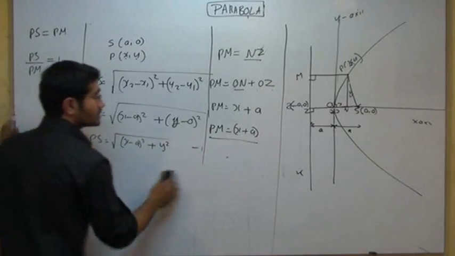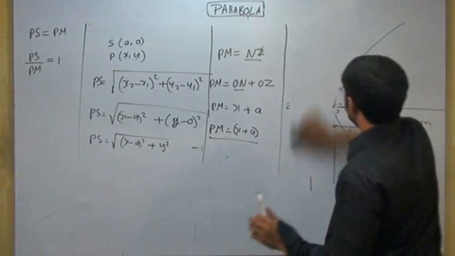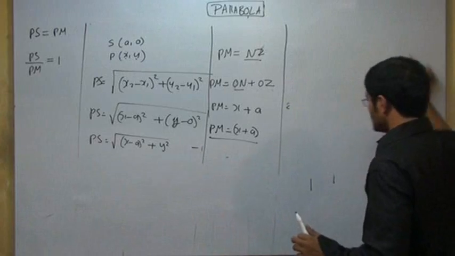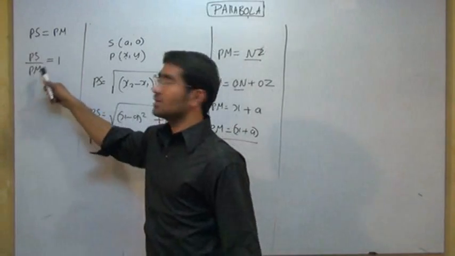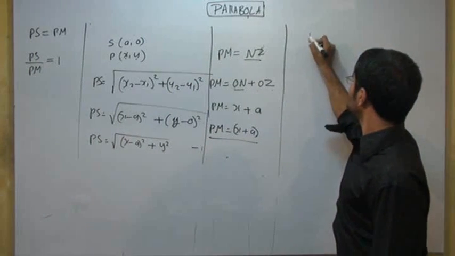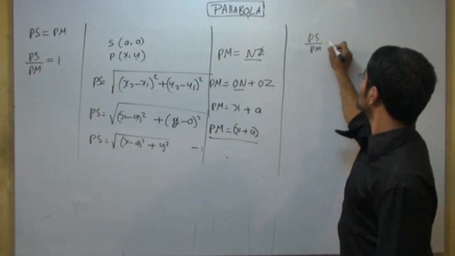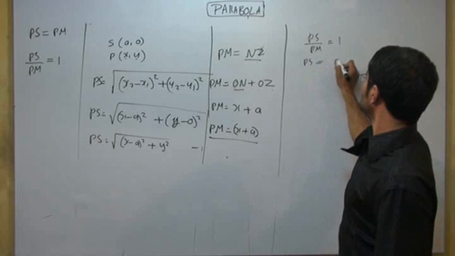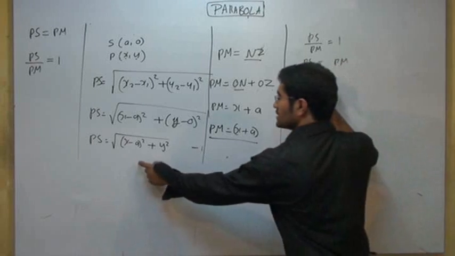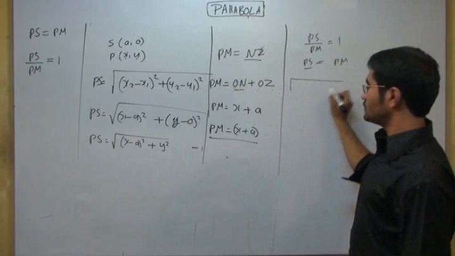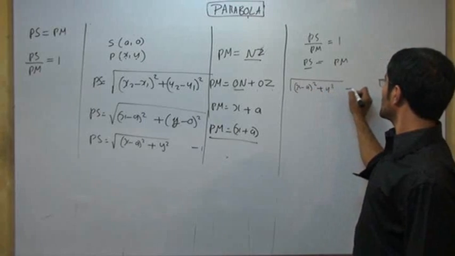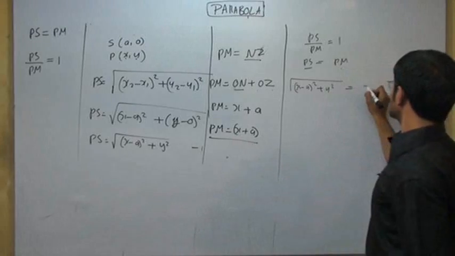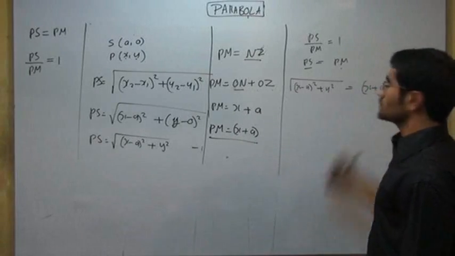Now the next thing to do is to find the equation of parabola. According to the definition of parabola, I have PS by PM is 1. So I can write what? PS by PM is 1 or PS is equal to PM. Can I write the value of PS? Yeah, it goes like square root of (x minus a) whole squared plus y squared is equal to what is PM? PM is x plus a. Alright?